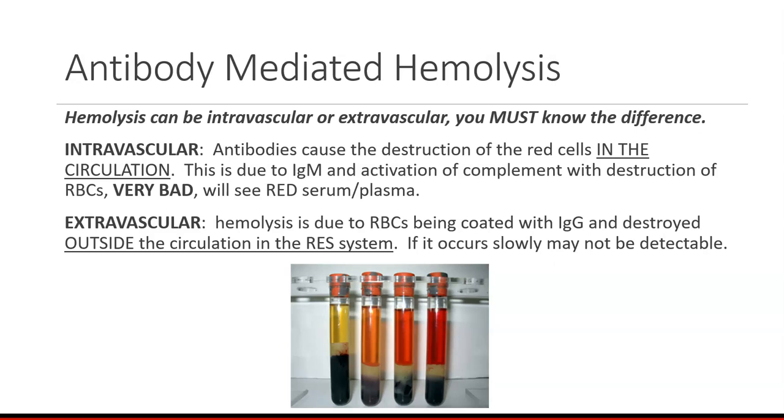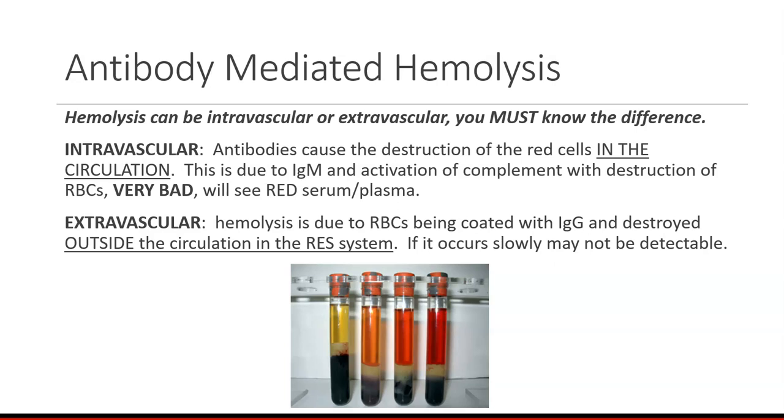Antibody-mediated hemolysis can be intravascular or extravascular, and you must know the difference. Intravascular antibodies cause the destruction of the red cells in the circulation. This is always due to IgM and the activation of complement with destruction of the red cells. This is very bad, and you will see red serum or plasma.